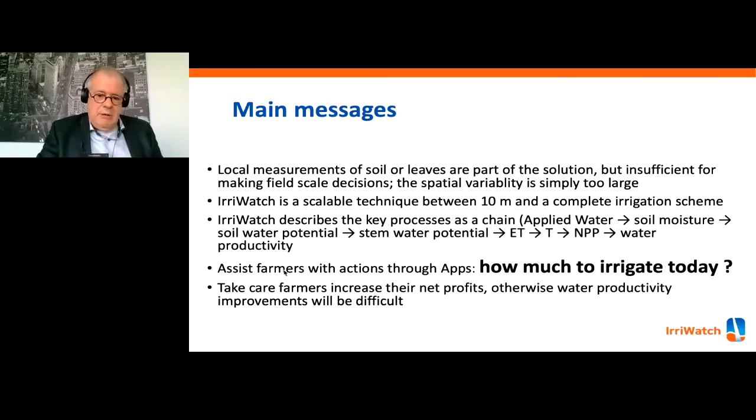But at the same time, we have to realize that local field measurements are not always giving a complete picture. I gave you now several examples that there is within-field variability. So really, in the end, it is about, okay, how much water should I irrigate today, and how much is my water productivity? And with this, I would like to conclude and give it back to Karen.